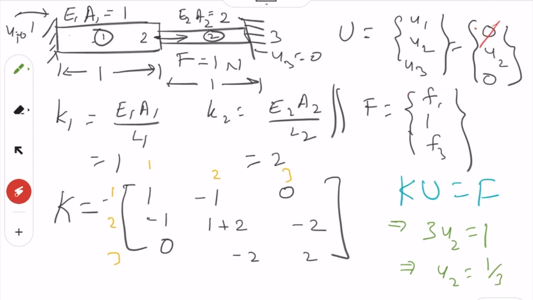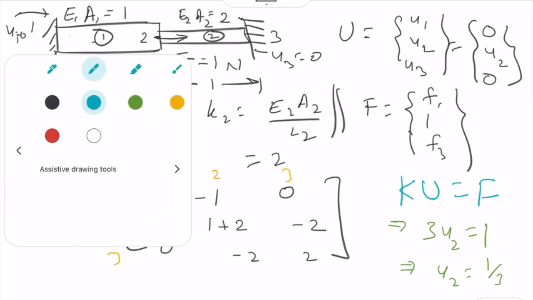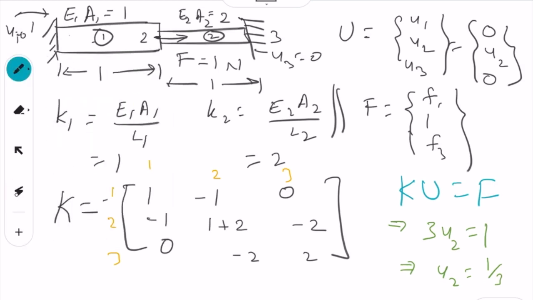Since this is 0 and this is 0, whatever multiplies here is 0, so we get minus 1 only. So minus 1 multiplied by U2 equals F1, so simply F1 equals minus U2, which is minus 1/3.